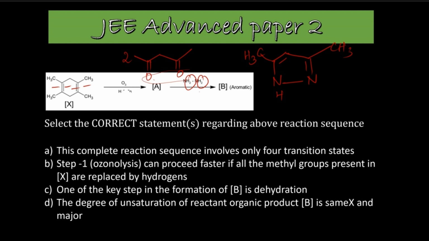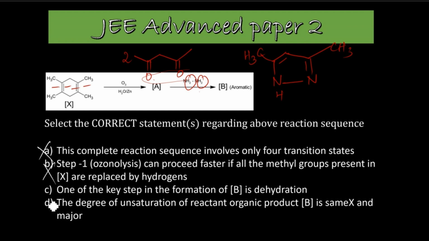Ozonolysis involves that kind of transition, but not 4 transition states. Step 1, ozonolysis can proceed faster if the methyl groups present in X are replaced by hydrogens. Methyl group will not play any big role over here. Methyl is also a small group, so which is again not the correct statement.